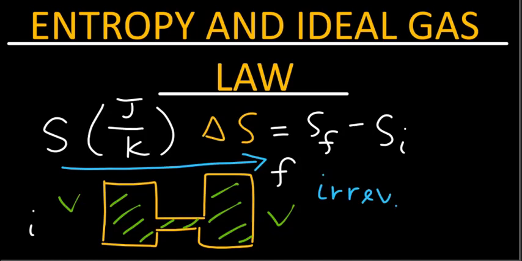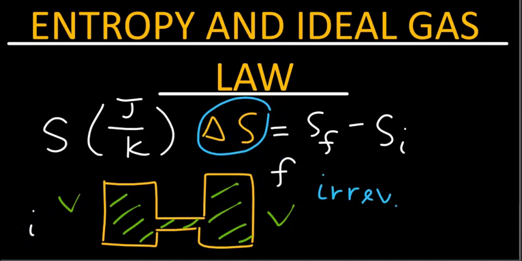However, since the change in entropy depends only on the entropy of the initial state and the entropy of the final state, the entropy change for an irreversible process, such as this one, can be determined by calculating instead the entropy change for a reversible process that connects the same initial and final states. So that is the strategy that we will employ.